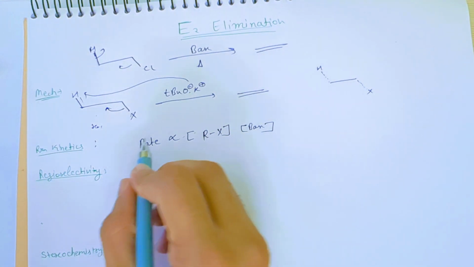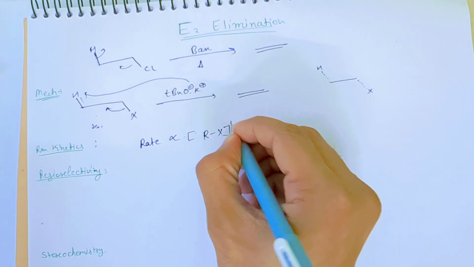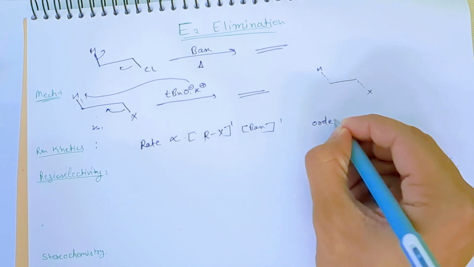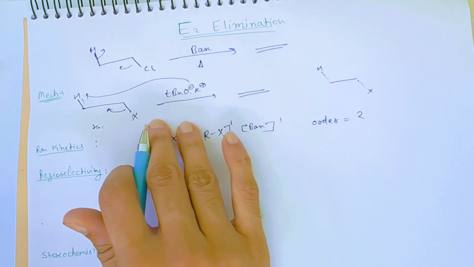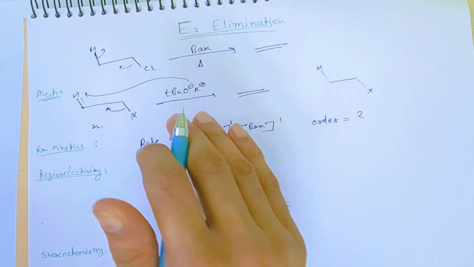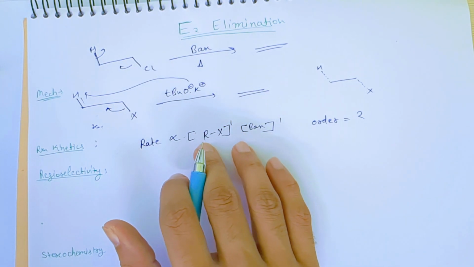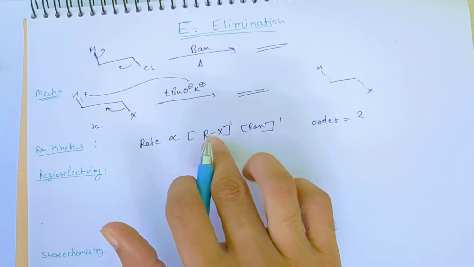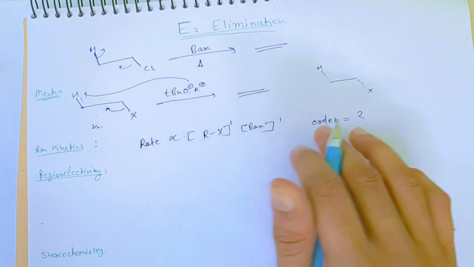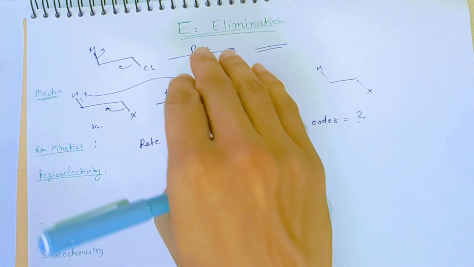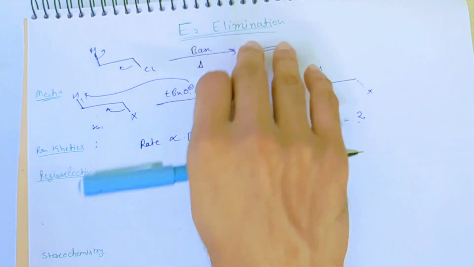So we can say from here the order of the reaction is 2. It is a one step reaction, but because of the role of base and substrate, it is second order. That's why we say this is the E2 elimination reaction.